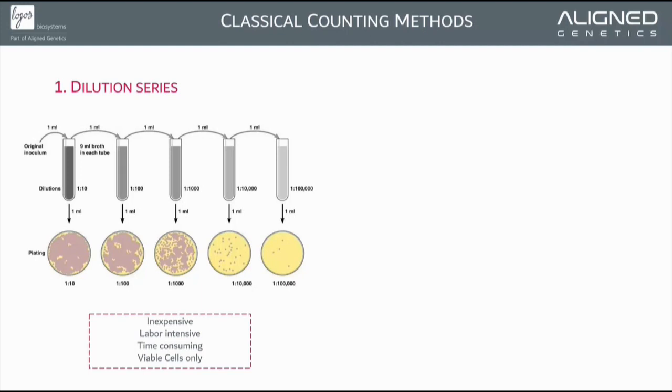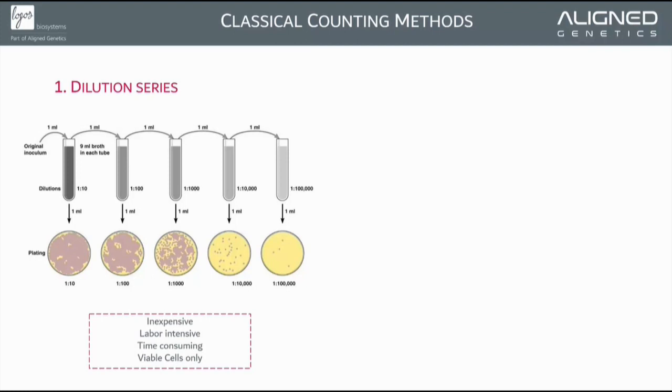The most common dilution method is serial dilution, where each successive dilution is made by adding a fixed volume of the previous dilution to a fixed volume of sterile liquid or a buffer. After dilution, a sample is plated on agar, incubated, and the number of colonies is counted to determine the number of bacteria per milliliter of the original sample.